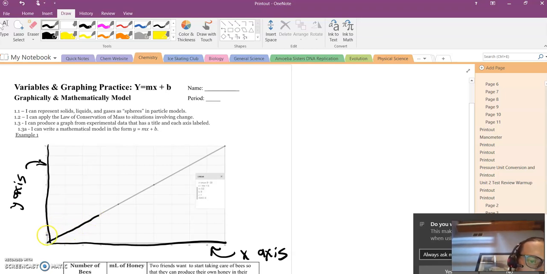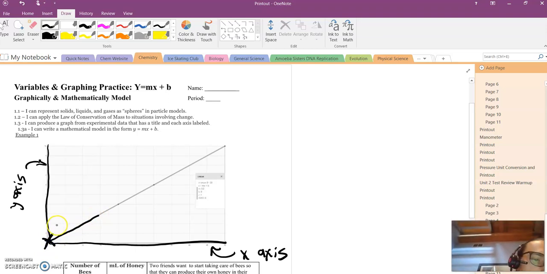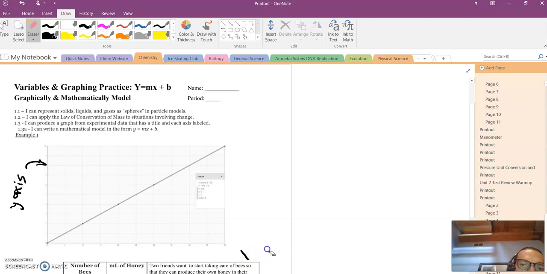Something else that a graph has, we see that there's a line over here, and this is the spot where it intercepts with the y-axis. This spot over here is called the y-intercept. We also call it b. And then the last thing is that lines have something called a slope. So this line has a slope to it.